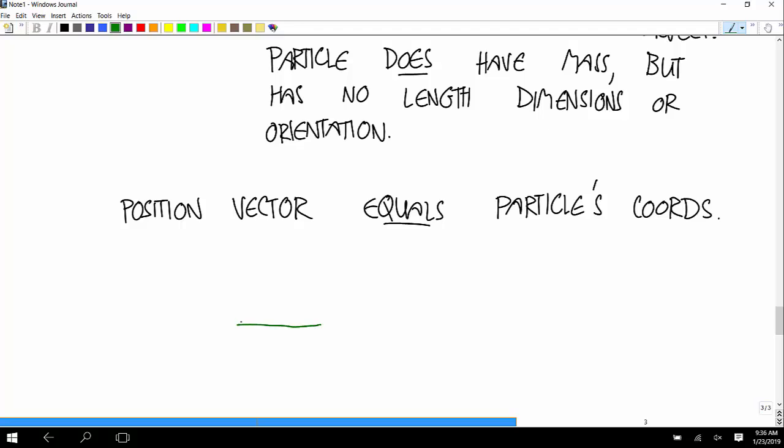To think of it as a vector, if this is your coordinate system and this is the object, the position vector is just a vector with its tail at the origin and its head at the object.